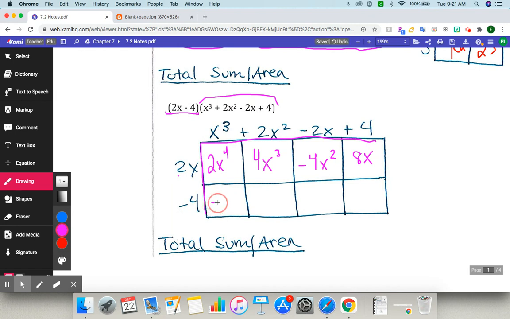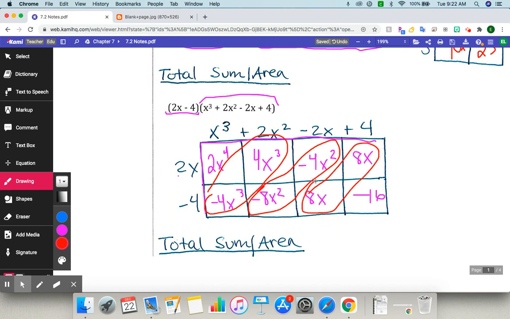In the bottom row, we have negative 4x to the 3rd power, negative 8x to the 2nd power, positive 8x, and negative 16. Once again, we can see in this case that our like terms are diagonal from each other. Notice because they have the same variable and the same exponent.